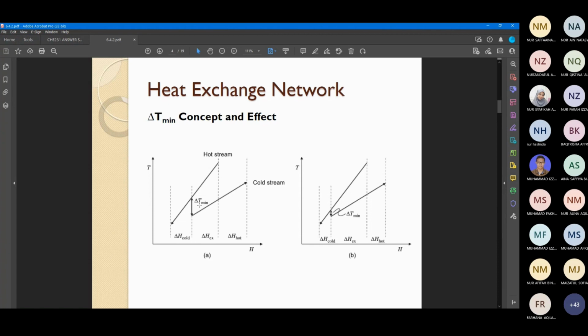So this is the choice for you to make, based on the system that you have. You can have a very small pinch if you can afford to have that. Look at the cold stream: the lowest temperature is given by the pinch temperature for the cold stream.